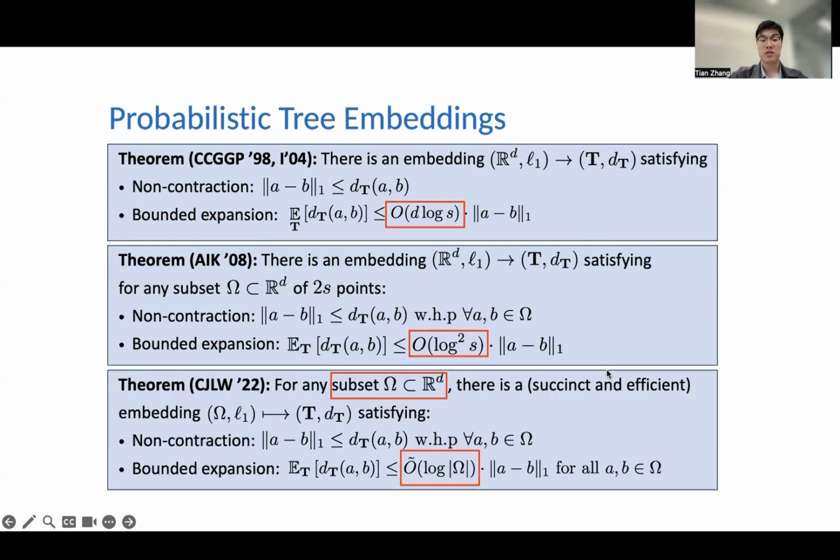In 2022, Chen, Jayaram, Levi, and Waingarten introduced a data-dependent tree embedding. So how does that work? Well, given a specific dataset, they construct a tree embedding for you with distortion basically log of the size of the dataset. So this is the first time the data dependence kicks in.